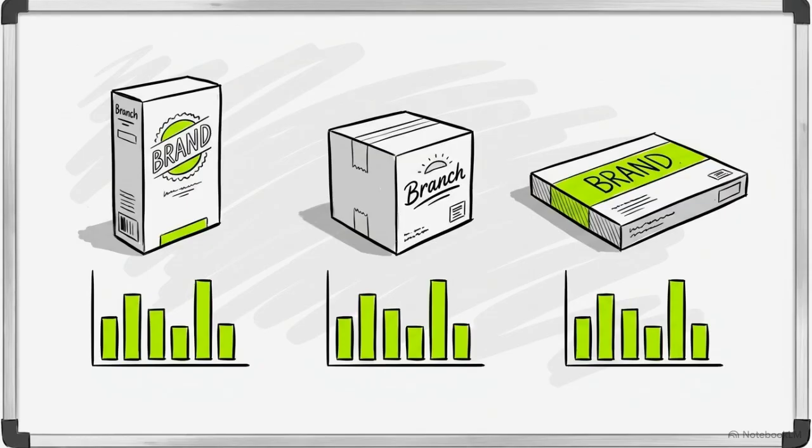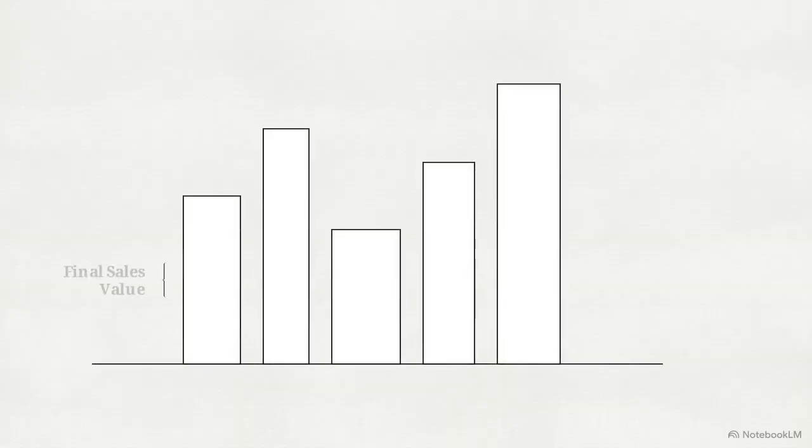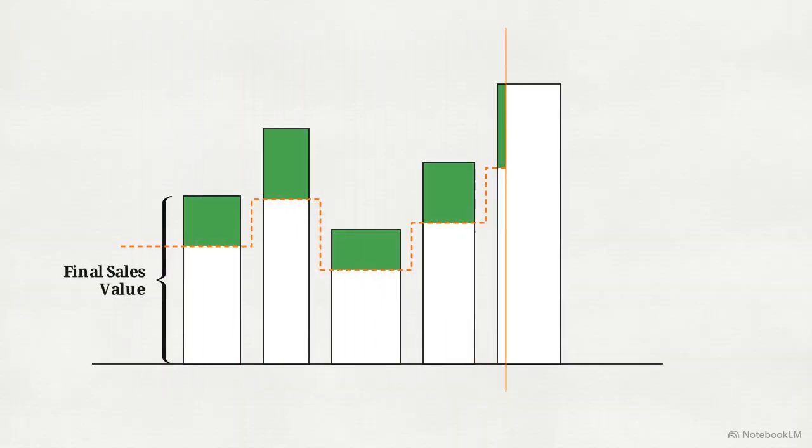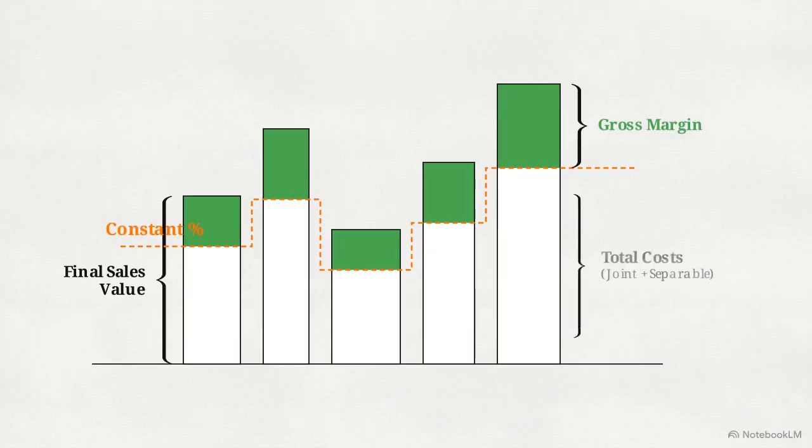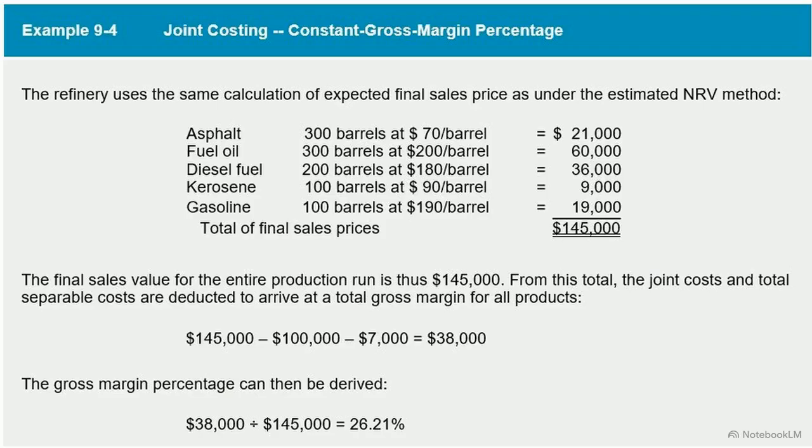The final, and most mathematically complex, market-based strategy is the constant gross margin percentage NRV method. Its objective is to allocate joint costs so that the final gross margin percentage is identical for every single product in the run. This chart illustrates step 1, determining the overall gross margin for the entire run.